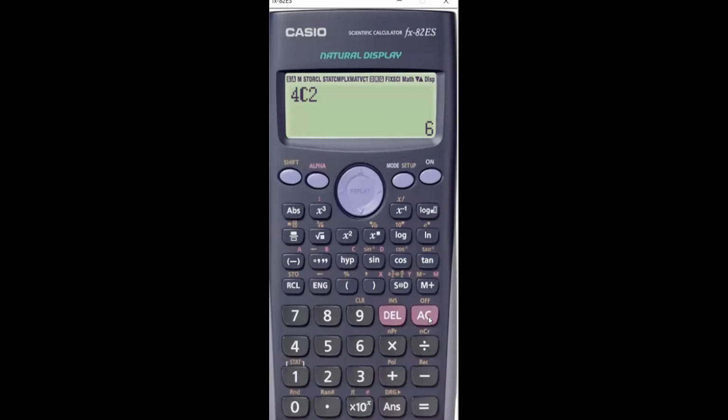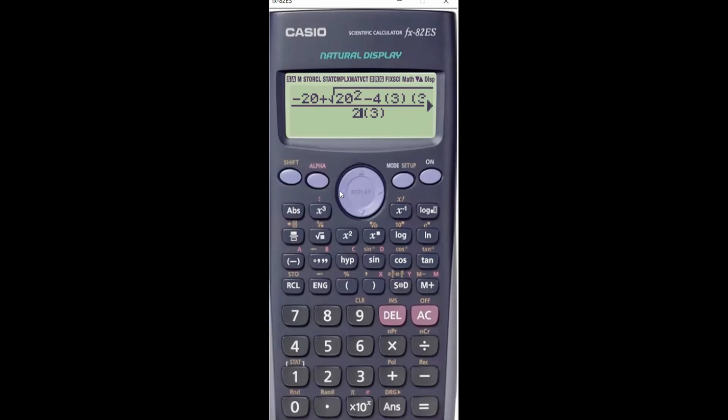It would be minus b, so minus 20, plus or minus the square root of b squared, which is 20 squared, minus 4 times 3 times 33, divided by 2a, which is 2 times the coefficient of a, 3. That is negative 3. That's one answer, negative 3.